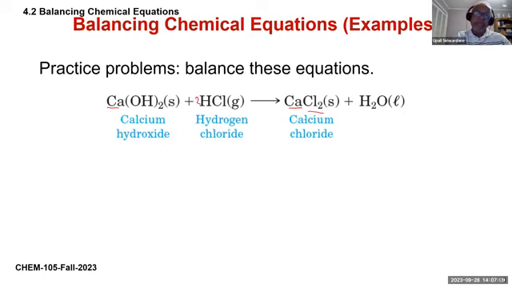So that makes 2 hydrogen plus 2 hydrogen, 4 hydrogen on the reactant side, then make a 4 for hydrogen here. Then the equation is balanced. Now in the balanced equation, the coefficient of calcium hydroxide is 1, and the others are 2 and 2. So this equation is balanced.